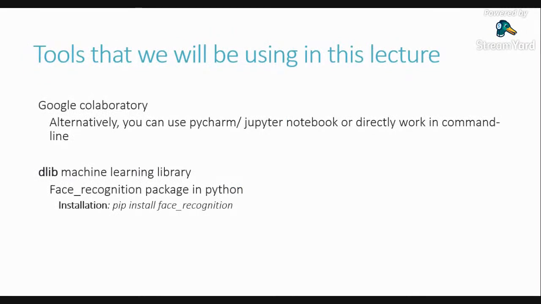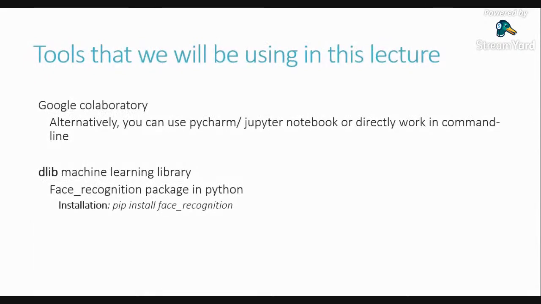And the tools that we will be using in this lecture are Google Collaboratory, which is a Google Cloud platform that provides access to Python notebooks and GPUs. Alternatively, you can also use PyCharm, Jupyter Notebook, or you can work directly in the command line if you are comfortable with it.